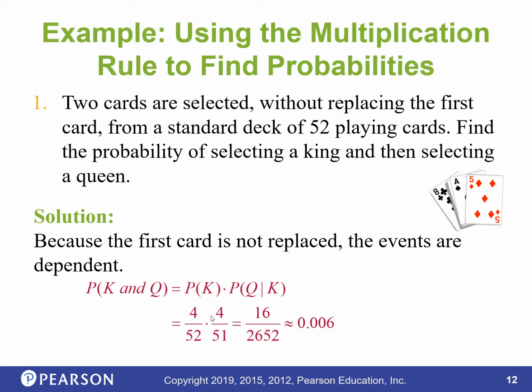And then once that is done, now we only have 51 cards in the deck. Therefore, we have 4 kings left, 4 queens left, sorry. So 4 out of 51, multiply those together, get you 16 out of 2,652. Wow, so guys, real quick, your probability of doing that will be 0.006.